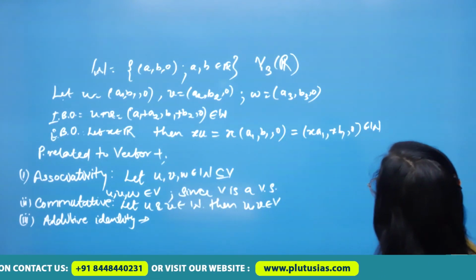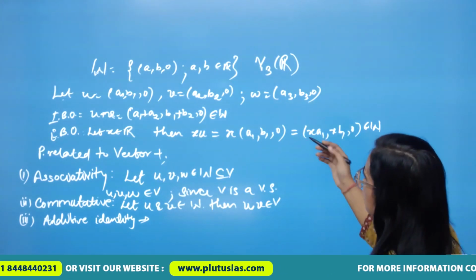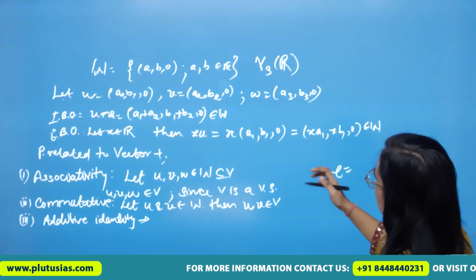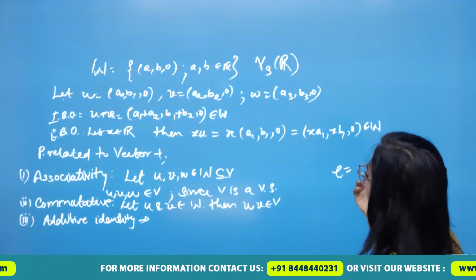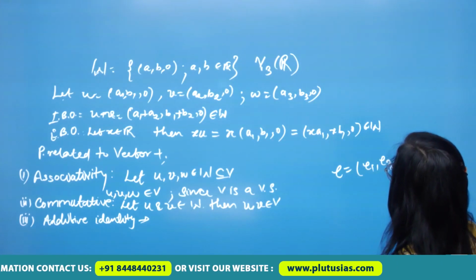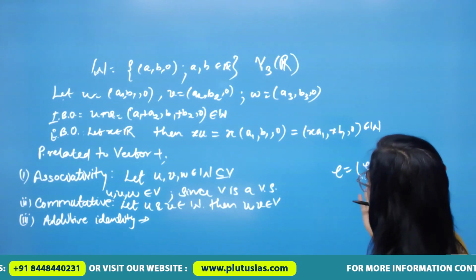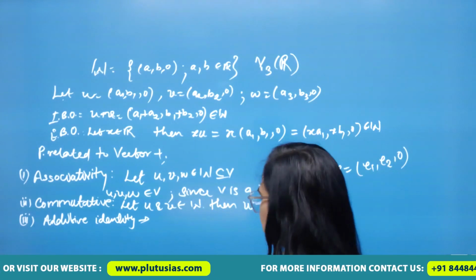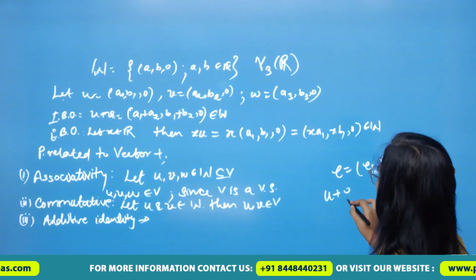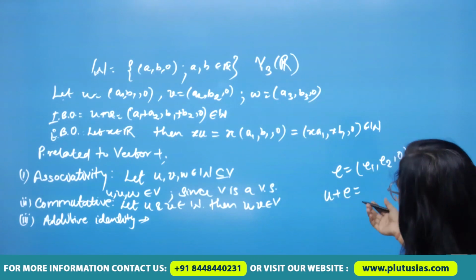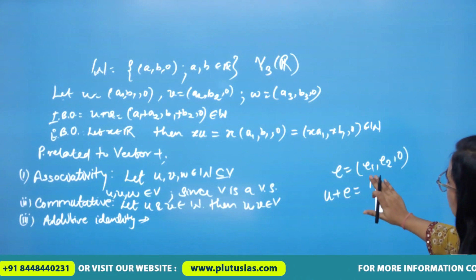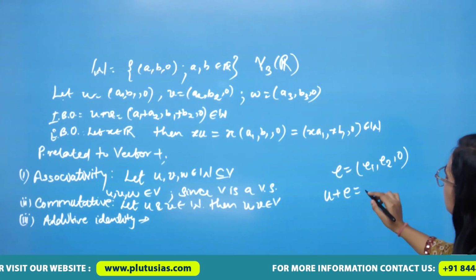But what if we are not able to see whether (0, 0, 0) exists or not? Then we will consider some element, say e, and e should look like an element of W, so it should be equal to (e1, e2, 0). And what is the property of additive identity? That if we add e to any element of W, that is u plus e, the result should be the same element.